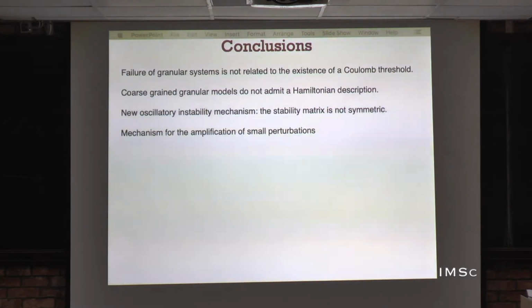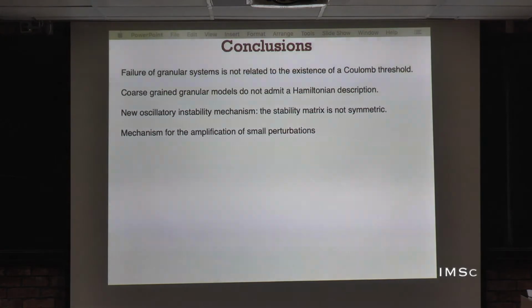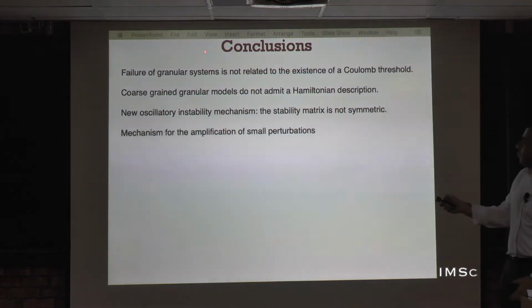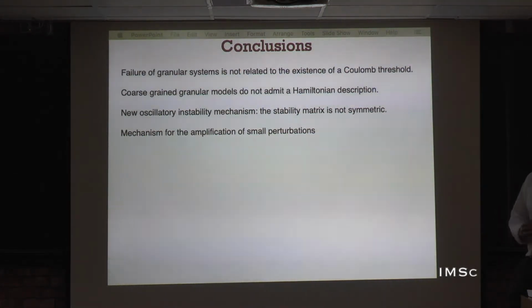So to conclude what we have seen, first of all, we have seen that failure of a granular system is, at least, not always related to the localized failure of a contact that is reaching the Coulomb threshold. We have seen that when you develop a coarse grain model of a granular system, you end up with a model which is not Hamiltonian.